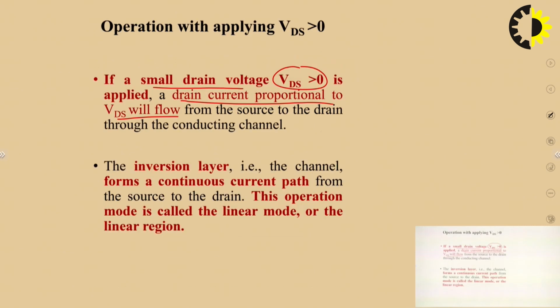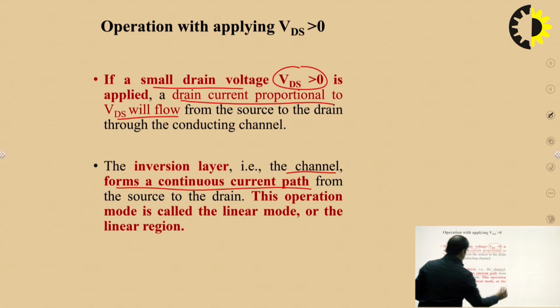Here, because of the presence of the inversion layer, the channel forms a continuous current path between source and drain. And this operation mode is called the linear mode or the linear region.